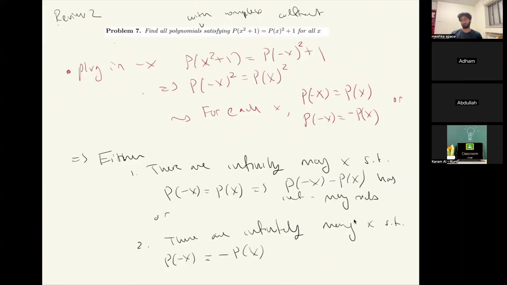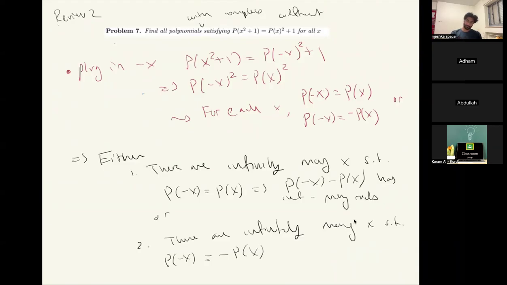So in fact, it's 0. Okay. Yeah, so does it make sense? So the conclusion is that either p is even or p is odd. Okay.